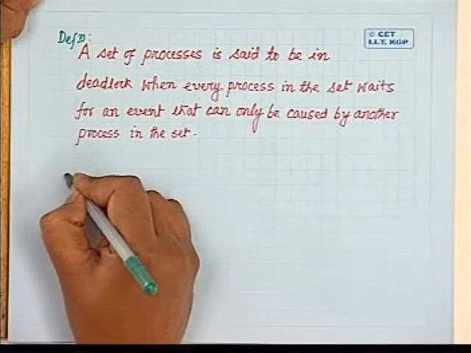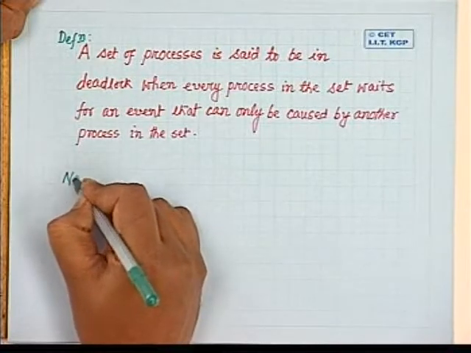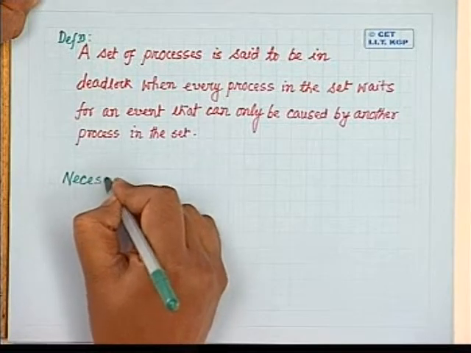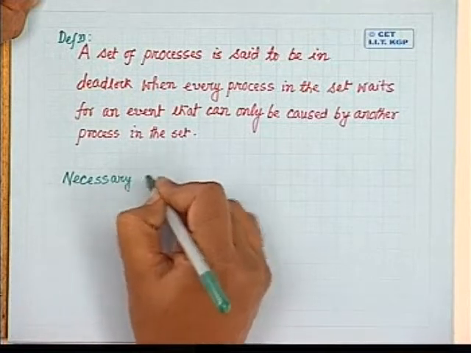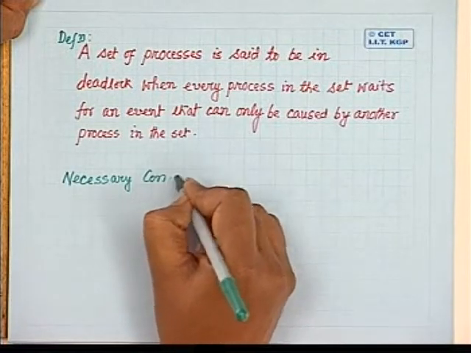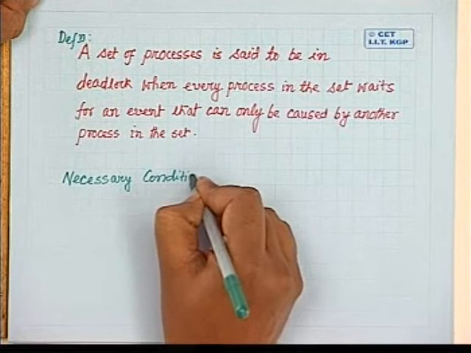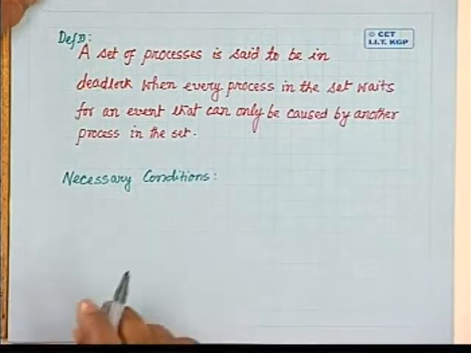So you have to know what the conditions for the occurrence of a deadlock are. There are 4 necessary conditions for the occurrence of deadlock.